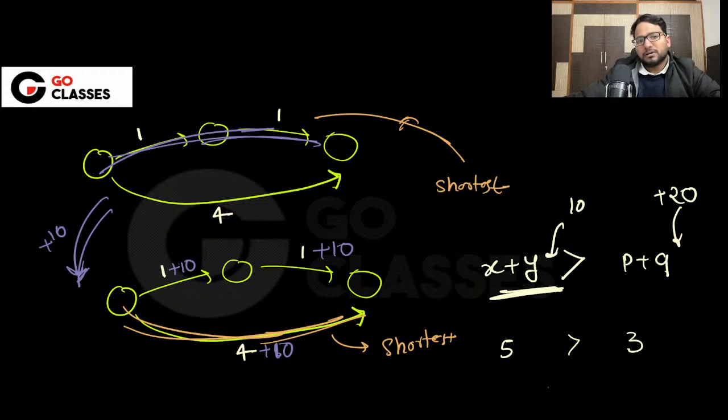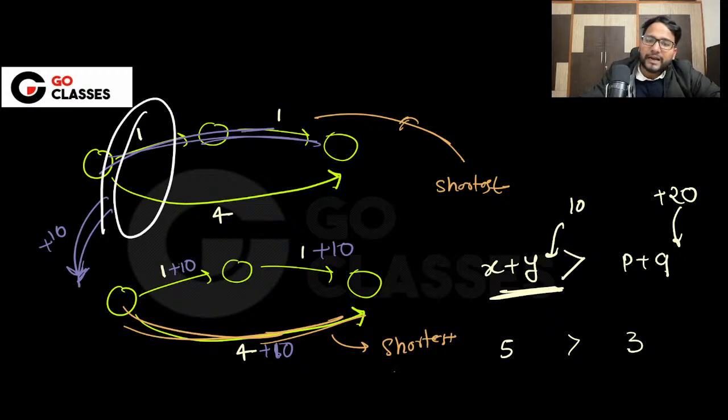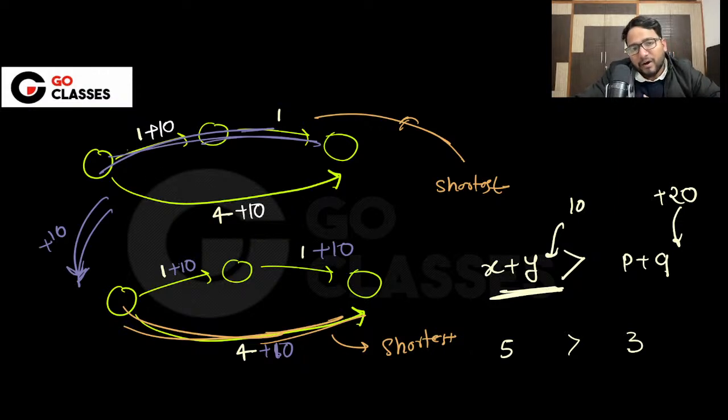But let's suppose I add fairly. How can I add fairly? Suppose I add only in these two edges, 10 in this edge and 10 in this edge. Basically I add only in the edges which are outgoing from this particular S.